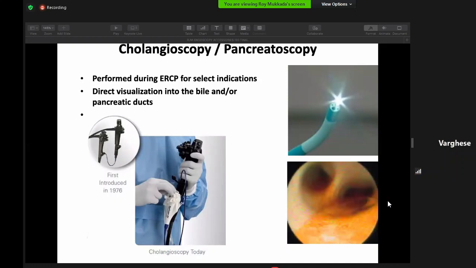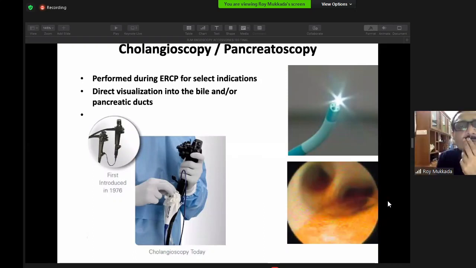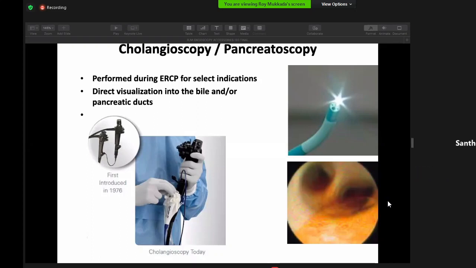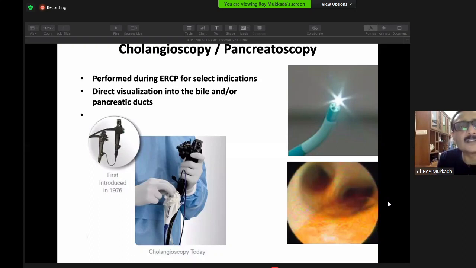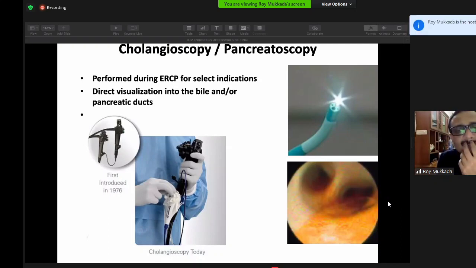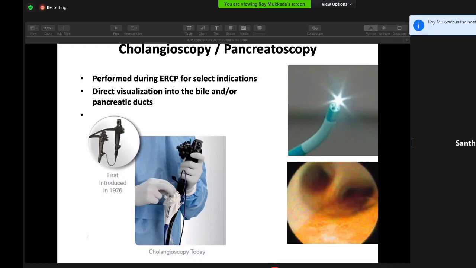Dr. Santosh. Sir. So, what is this instrument? The cholangioscope and pancreatoscope. What is the name of the cholangioscope? Baby scope, sir.